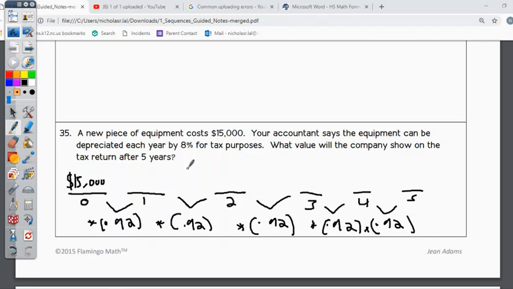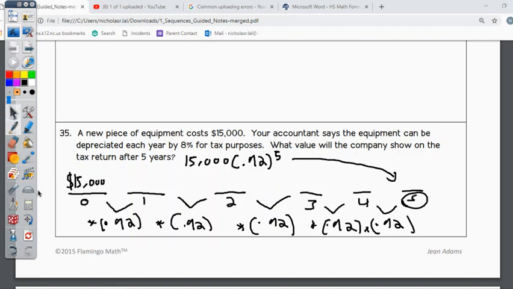You could start with your base value of 15,000, and multiply 15,000 by 0.92, not just one time, not just 2, 3, or 4 times, but 5 times. So you do 15,000 times 0.92 to the 5th power. And that's what's going to be the value after 5 years.